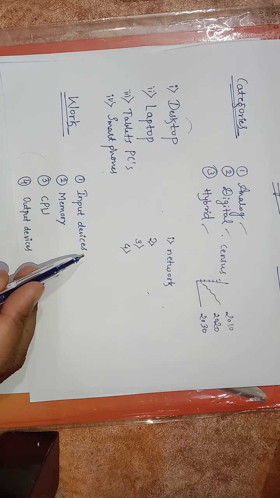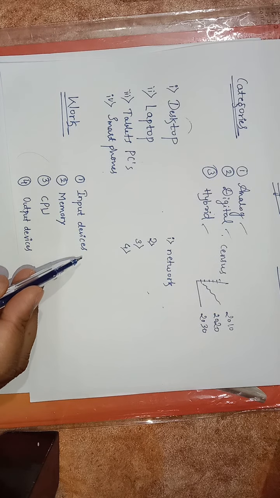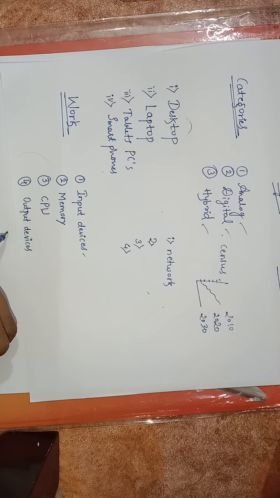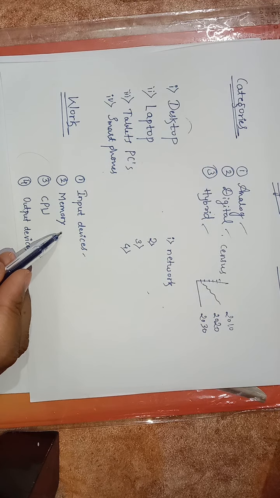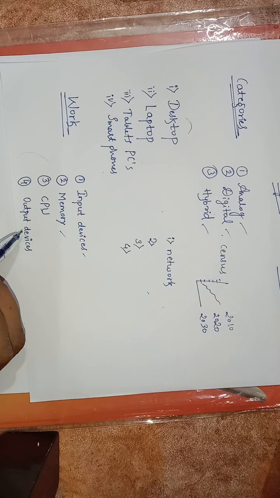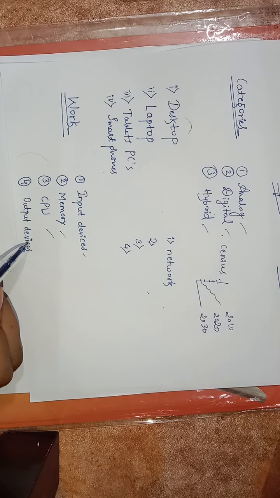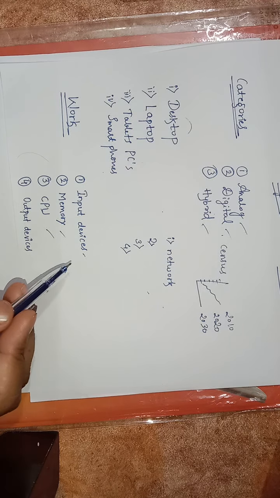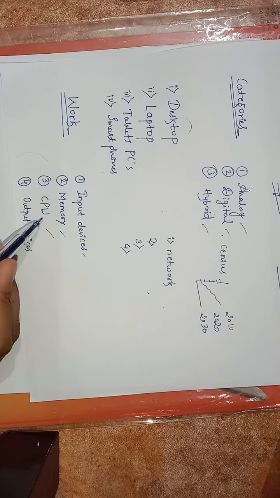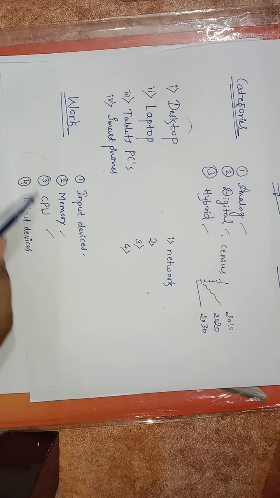First it accepts the data and information given by the user using the input devices, and then it stores the given data and information in its memory. Then it processes that data, meaning whatever task you give the computer, it does that task using the central processing unit, CPU.